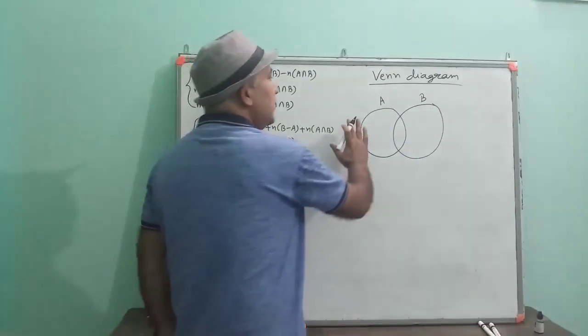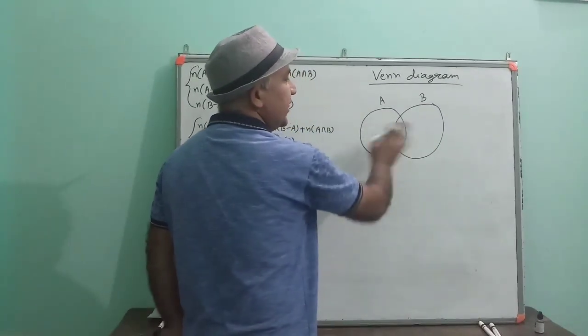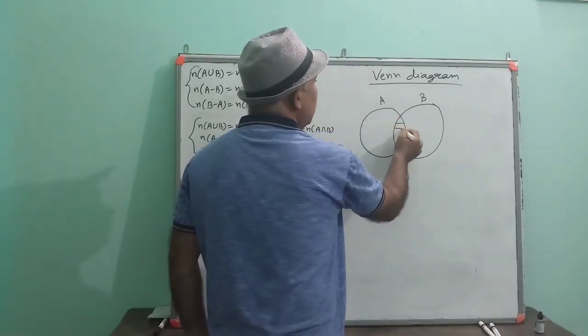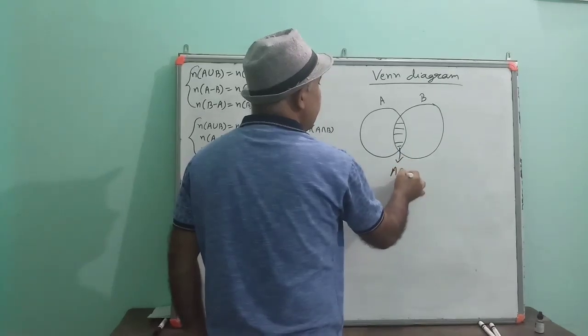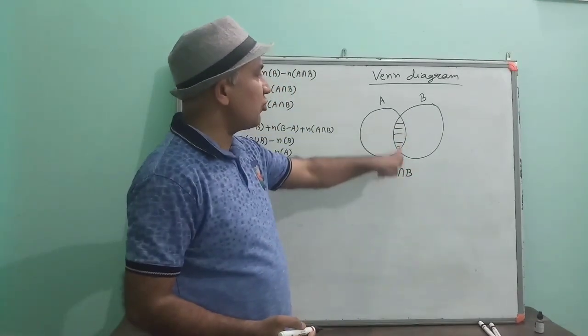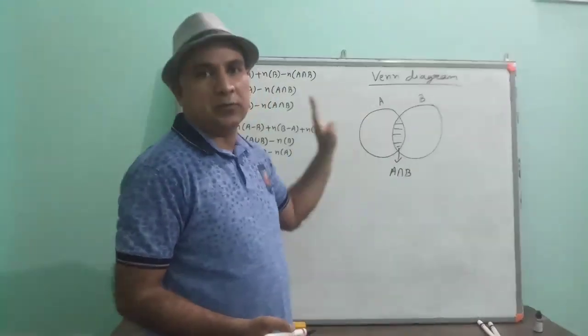Now, A union B means all of A and B. If we want only this common portion, it is called A intersection B, because A intersection B means the common portion, which is in A and also in B.